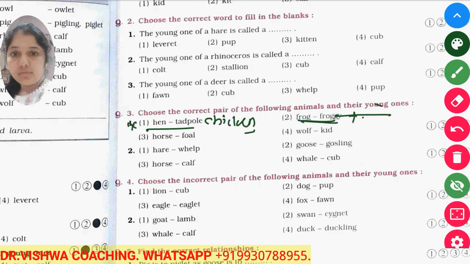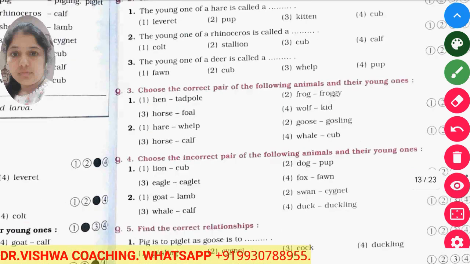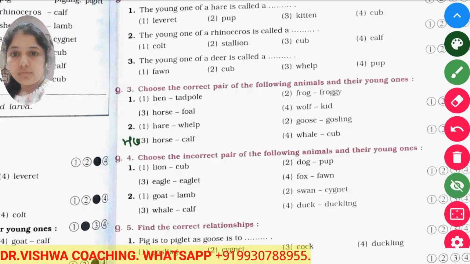Frog's young one is known as tadpole, so this is also wrong. Horse's young one is known as foal, it is correct. And wolf's young one is known as cub, so it is also wrong. So the correct option is option number 3, the correct pair of the given animal and its young one. And the second one you try at home.